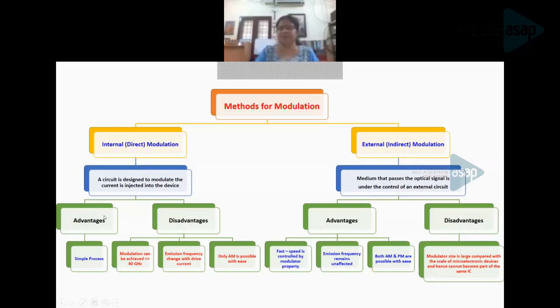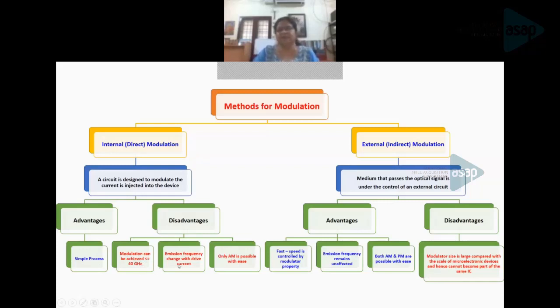There are many advantages and disadvantages for these two methods. First, there is less advantage for direct modulation. It is a very simple process. That's the only advantage, but many disadvantages are there. The first is that modulation can be achieved only for a frequency less than or equal to 40 gigahertz.